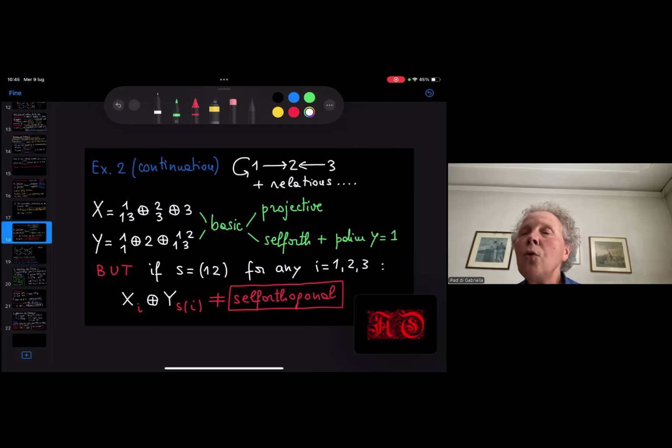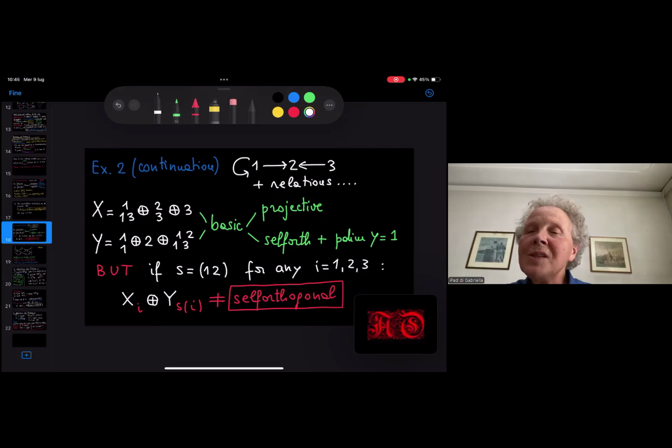On the other hand, Y is a self-orthogonal module of projective dimension at most 1. However, in this case, if S is the permutation (1 2), then for any i, the direct sum of Xi and YSi is not a self-orthogonal module.